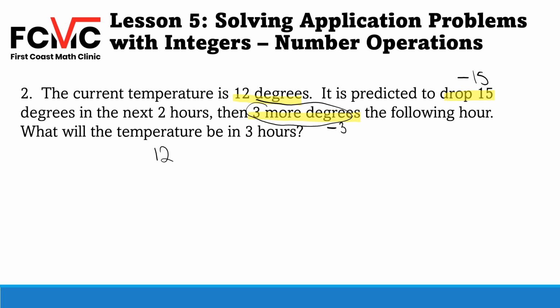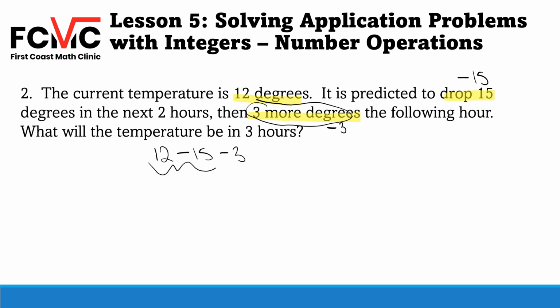All right, so if we represent this, it's going to be 12 minus 15 minus 3. So this is going to be like that 15 is 2 hours, and the 3 is going to be 1 more hour. So it's like 2 hours, 1 hour, and that's your 3 hours right there. So let's go ahead and solve this.